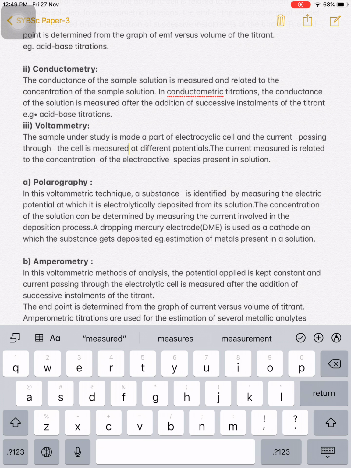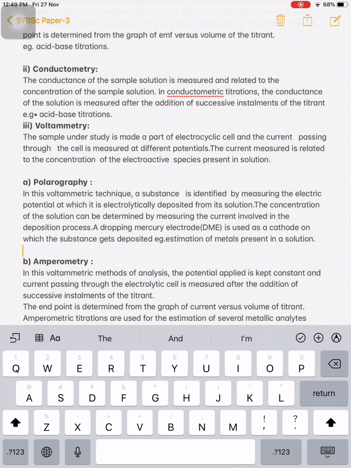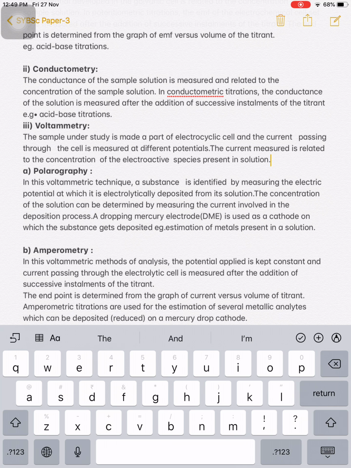The next is polarography, which is a part of voltammetry. In this voltammetric technique, a substance is identified by measuring the electrical potential at which it is electrolytically deposited from its solution.